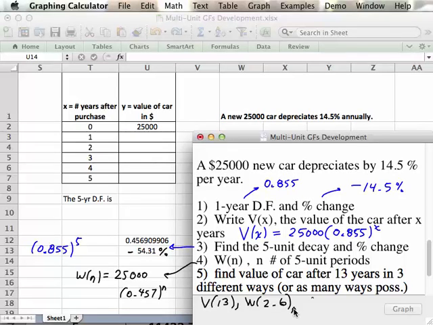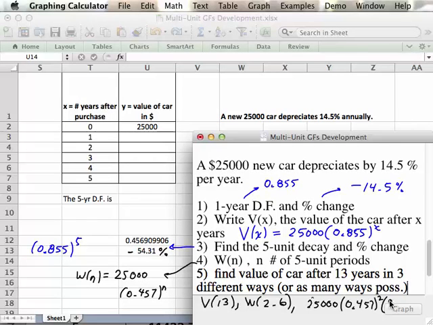Jad. You can put 25,000 multiplied by 0.457 to the power 2. This is what I'm talking about. And then you multiply that by 0.855 to the power. Did you see that?